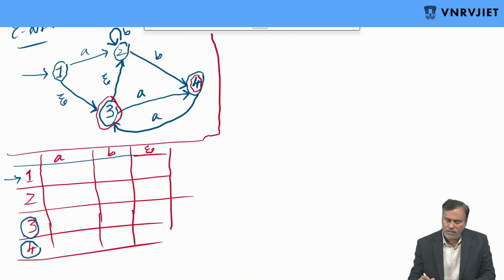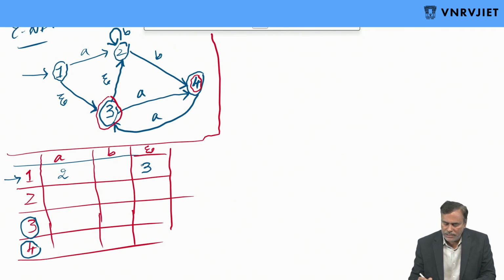From 1 on A, you can go to state 2, so you are going to get the entry 2 here. From 1 on epsilon, you can go to state 3, so here you get the entry 3. Then 2 on A, you don't have any transition.